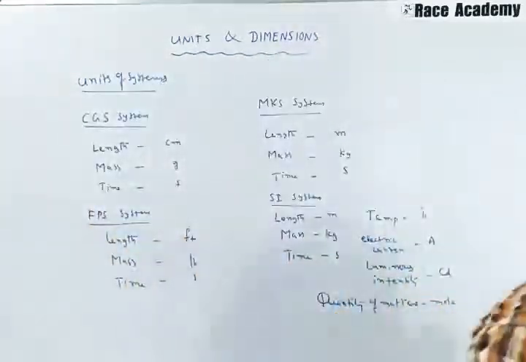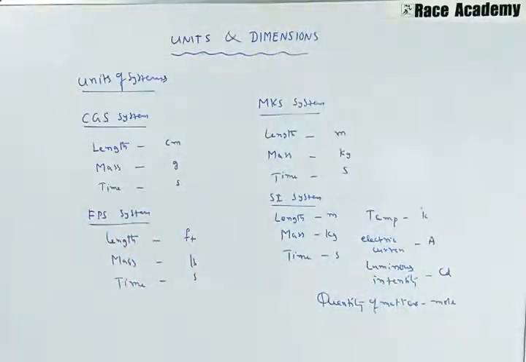Now you are observing on the screen the CGS system. We have length, mass, time: length in centimeters, mass in grams, time in seconds. In the FPS system, length in foot, mass in pounds, and time in seconds. In the MKS system, length in meters, mass in kilograms, time in seconds.